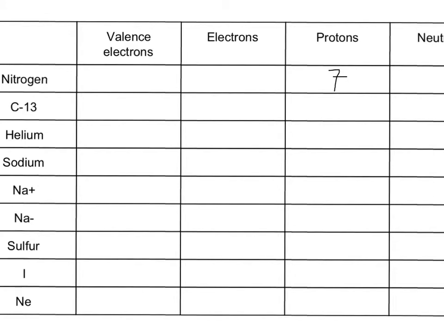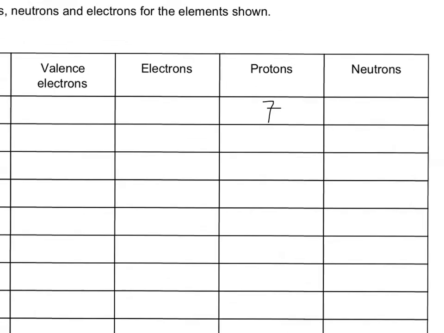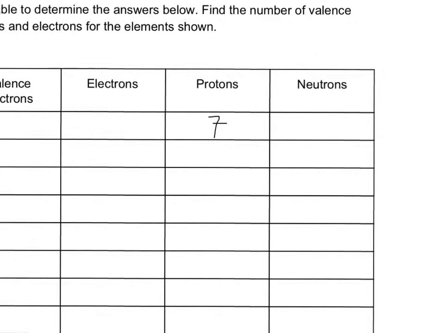For the number of neutrons, the atomic mass is 14 minus the number of protons equals the number of neutrons. I'm going to abbreviate: atomic mass minus protons equals neutrons. That always works, and for some of these is how you will actually calculate number of neutrons.